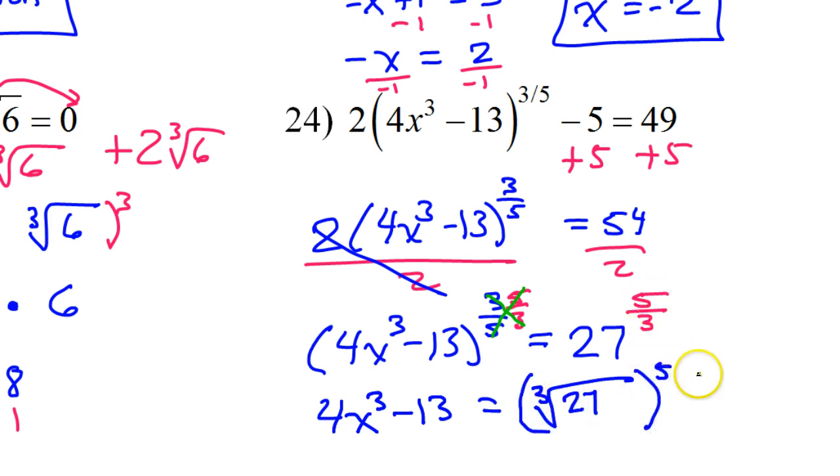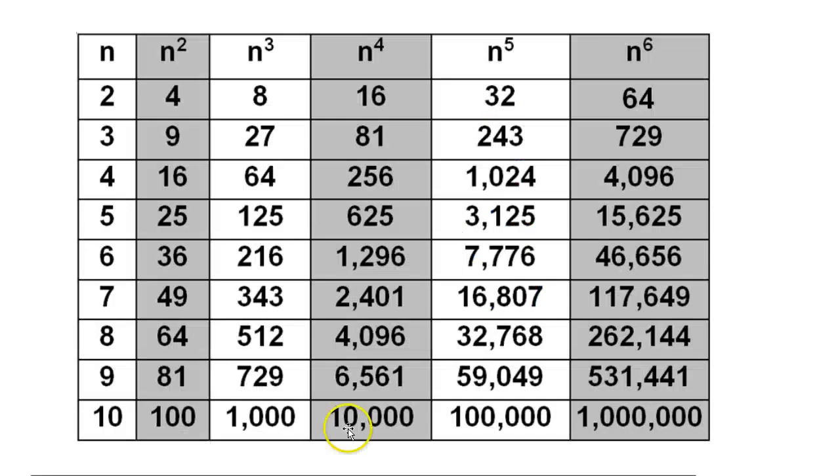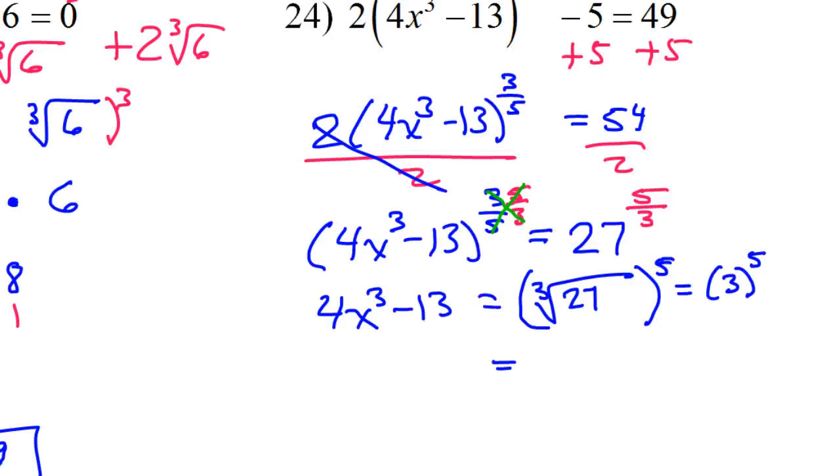So that'll be all to the 5th power. Okay, the cube root of 27 is 3. So this becomes, maybe I'll just do it off to the side, 3 to the 5th power. And I forget what that is off the top of my head. So 3 to the 5th power is 243.